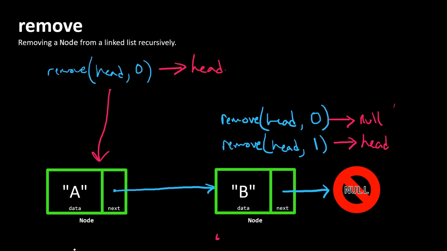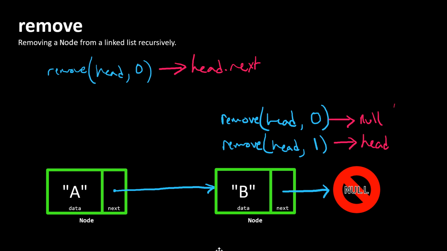So it's going to return head.next. And that's just saying remove index 0, or the first node of this list, starting from head, and we will return back to you the new head, which is this node here, right?